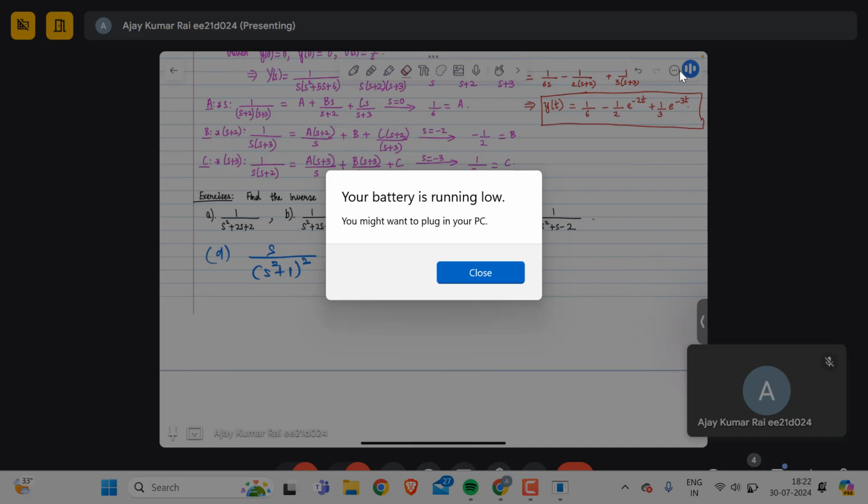You know the Laplace transform of sine t. What was that? 1 by s square plus 1.